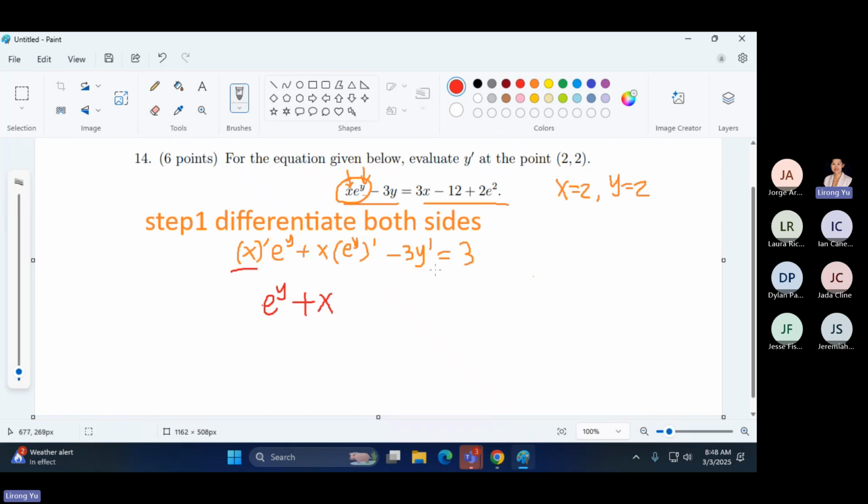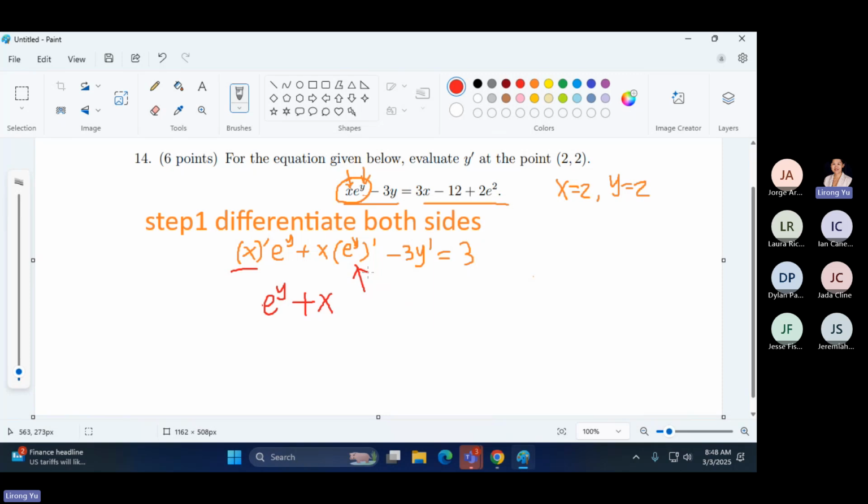Remember, if you differentiate the x term, you just go ahead and find the derivative. This is differentiating the x term. Over here, we're trying to find the derivative of e to the y. That is the y term. But remember in 2.6, whenever you differentiate the y term, you have to have y prime. So that's why in the first one we don't have y prime, because we're not differentiating the y.